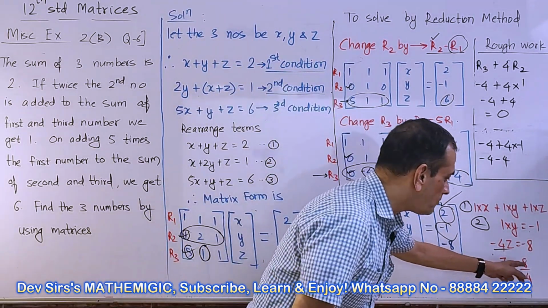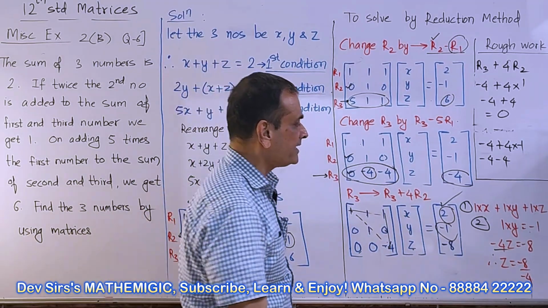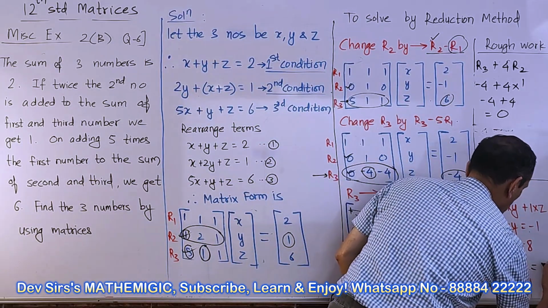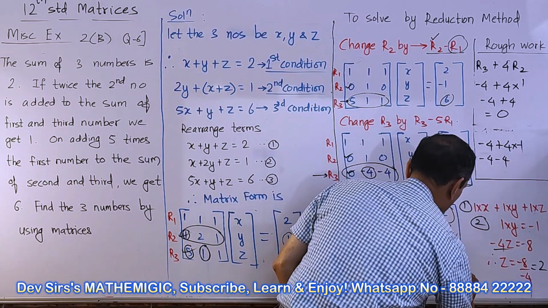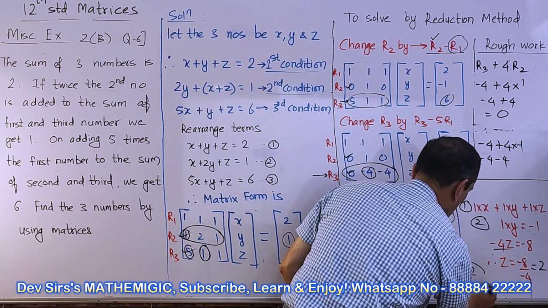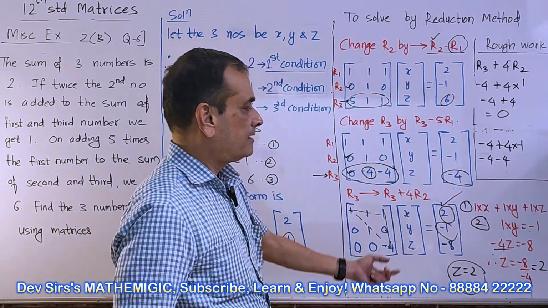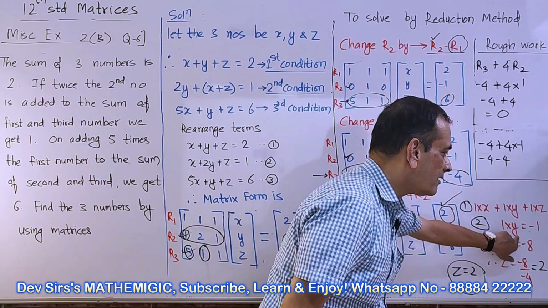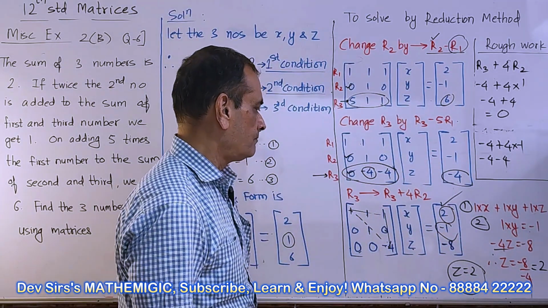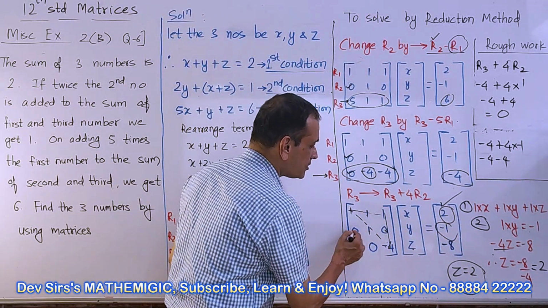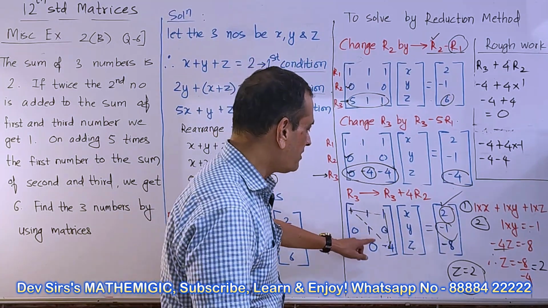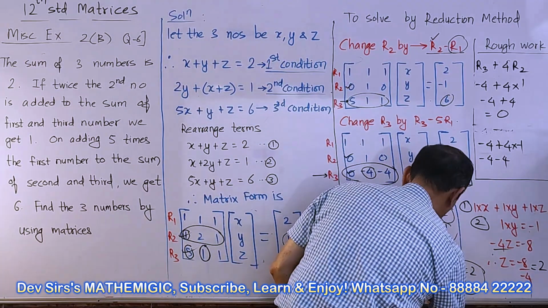So z is equal to -8 upon -4, that is 2. So we get z equal to 2. And you also have got y equal to -1, because यहाँ पे भी दो zeros आ गए ना. So y is equal to -1 is also one answer.